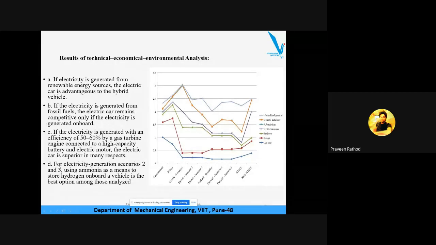The last point is the result for electricity generation scenarios 2 and 3. We have the scenario economical and environmental analysis, and the means to store hydrogen on board is the best option among those analyzed. So these are the results for technical, economical, environmental analysis.